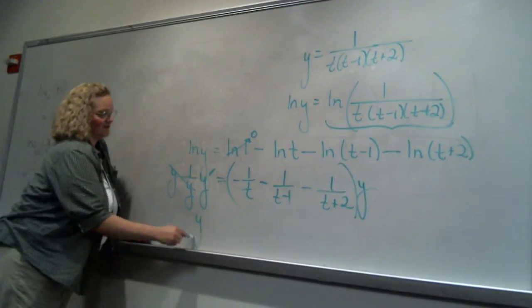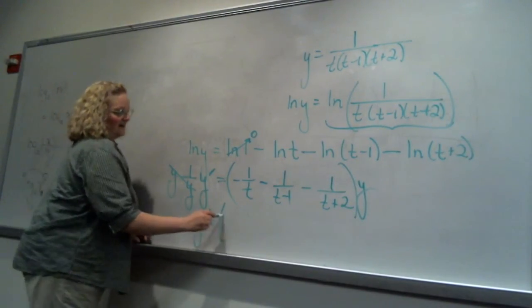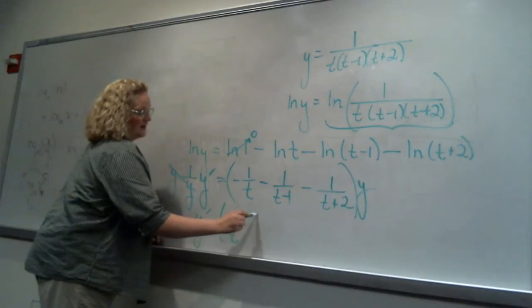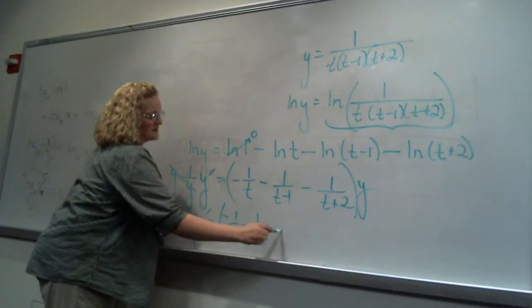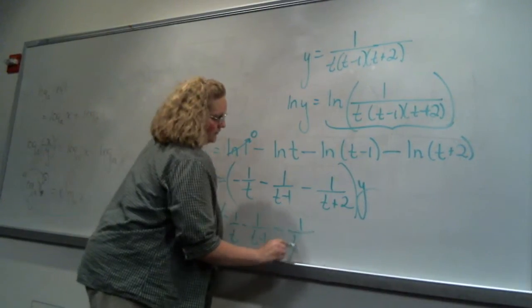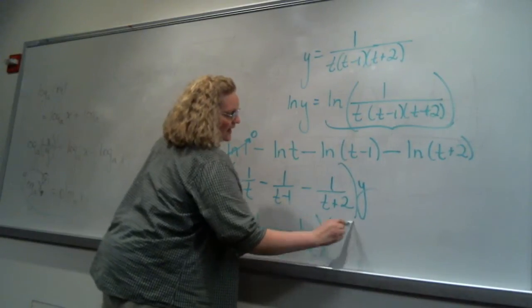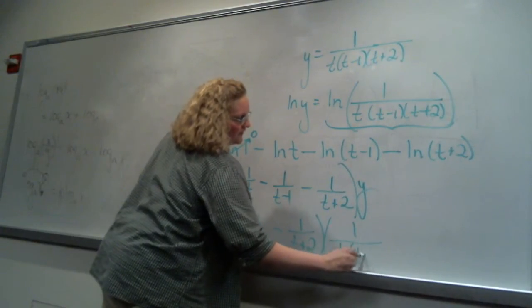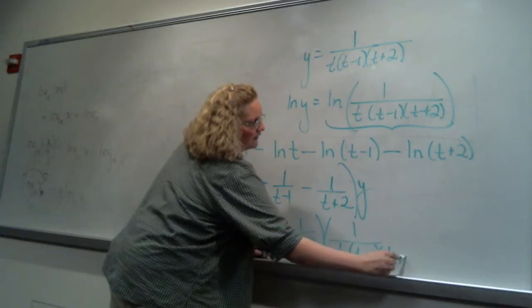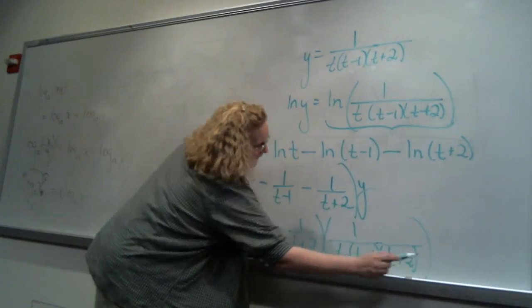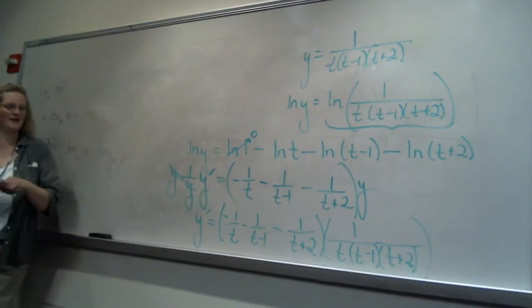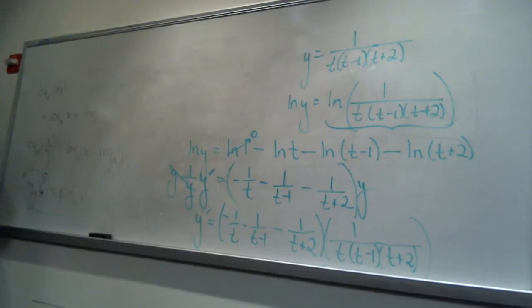So what is the derivative of this? Negative 1 over t, minus 1 over t minus 1, minus 1 over t plus 2, times the original function all the way over there. And there's my derivative, a form of it, okay?